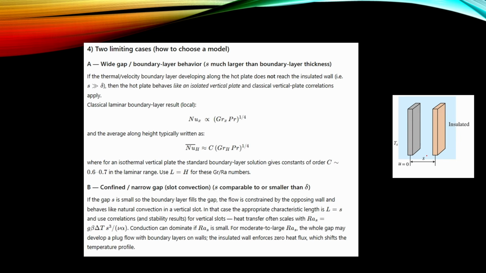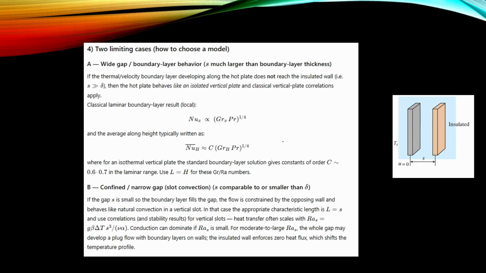If this distance is so big that when our boundary layer develops, it behaves like in an isolated vertical plate case, then we can use these correlations to calculate this Nusselt number and heat transfer, and use in those functions this characteristic length, the height of this plate.